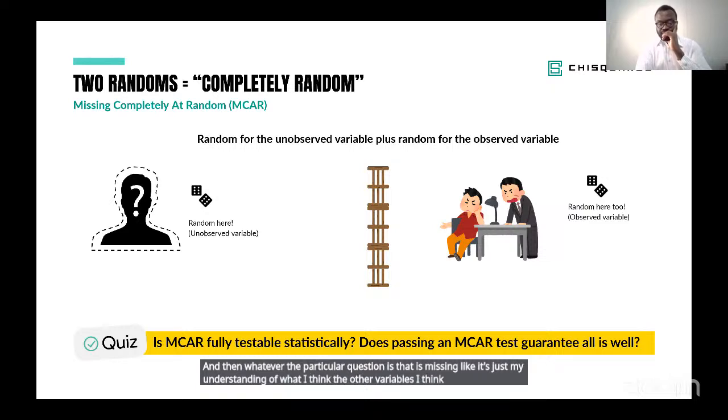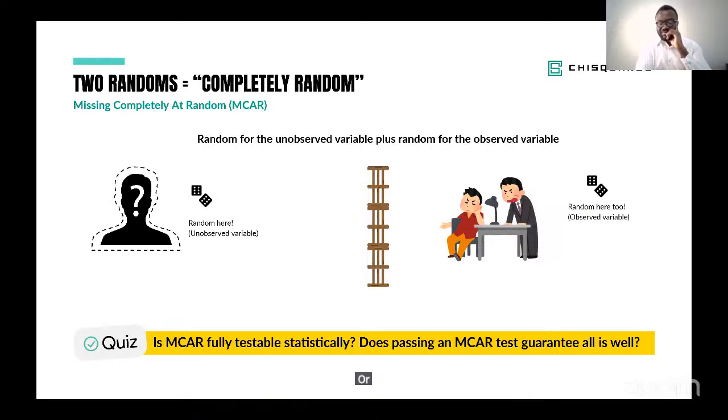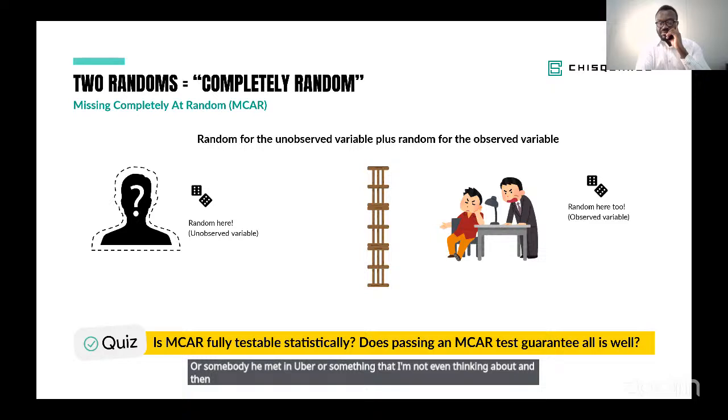There may be others associated that I'm not even thinking about and are not in my survey, like the analogy of neighbors or workers or somebody he met in an Uber. And from the statistics end of things, statistics is all about uncertainty.